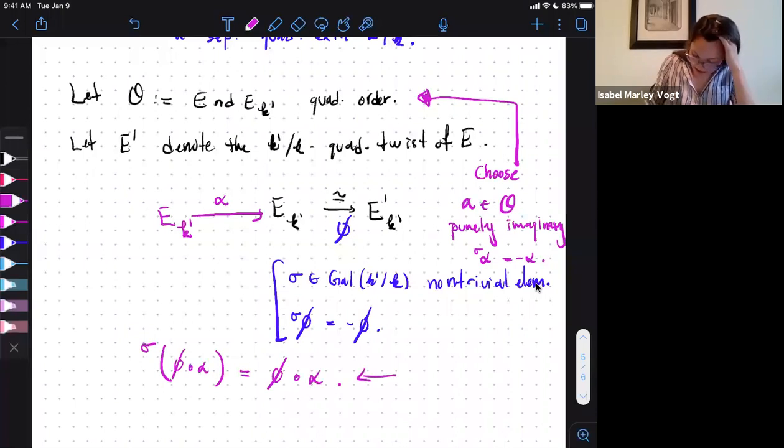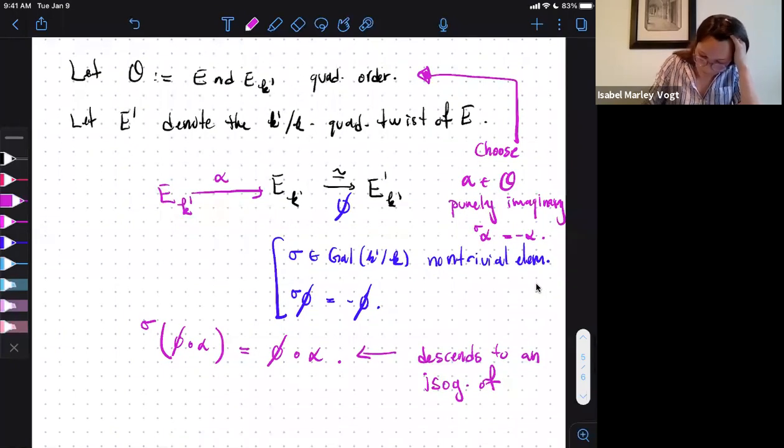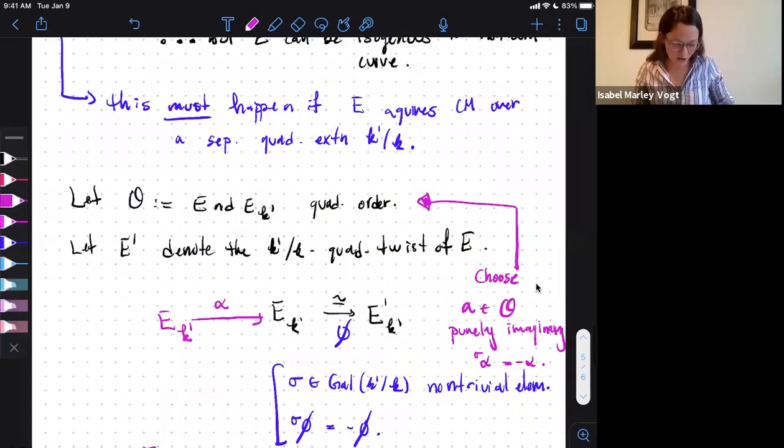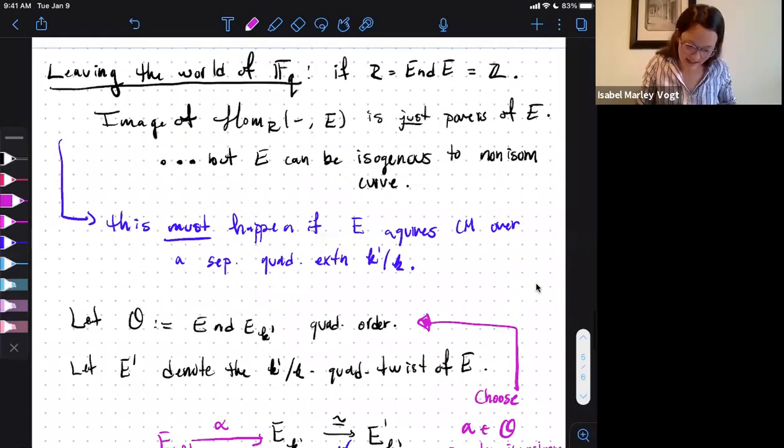And so this descends to an isogeny from E to E prime defined over K. And just to scroll up to remind you of why I was doing this, what we found is a non-isomorphic curve, namely the quadratic twist, that was isogenous to E. It was just forced to be there.